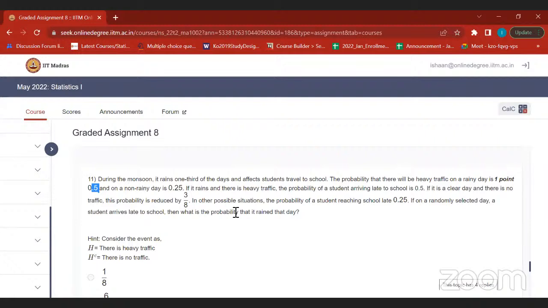Sir, I solved this question using Bayes theorem. I took 4 disjoint events. The first event was that it was raining and it was heavy traffic. Second was raining and there was no heavy traffic. Third is it was not raining and it was heavy traffic. And fourth.